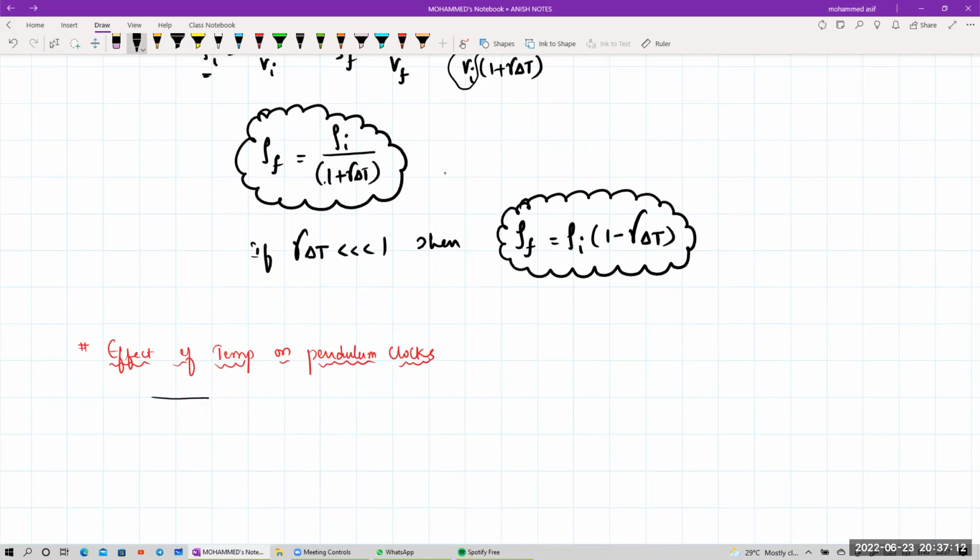For example, this is your pendulum and this is your bob. The length is L, and it is oscillating to and fro like this. Seconds pendulum means what? The pendulum whose oscillation takes 1 second.